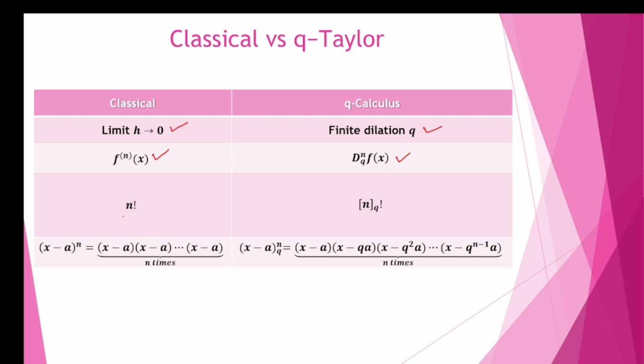Next, n factorial is used for the classical form, and nq factorial is used for Q calculus. And another very important concept: in the classical case we find x minus a to the power n, which is x minus a multiplied n times, and in Q calculus we take the quantum x minus a, nth times. This way we can find it.